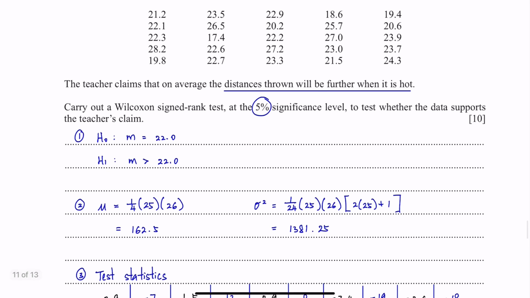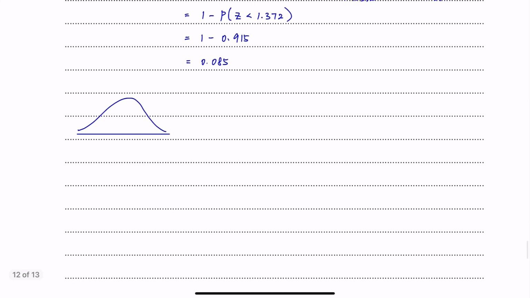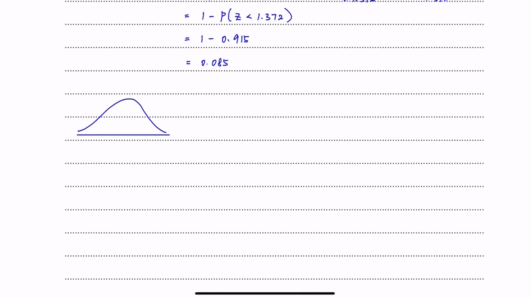And from the question we know that they want the significance level to be 5%, which means 0.05 is over here. The area 0.05 is over here, and the area 0.085 is over here.